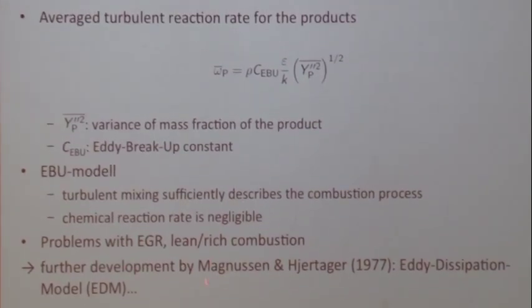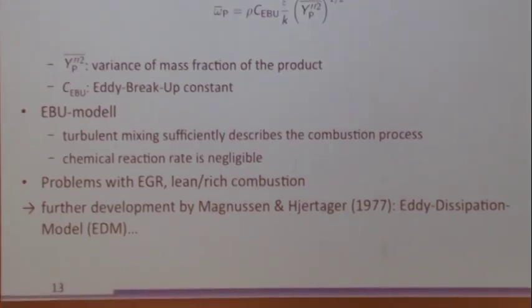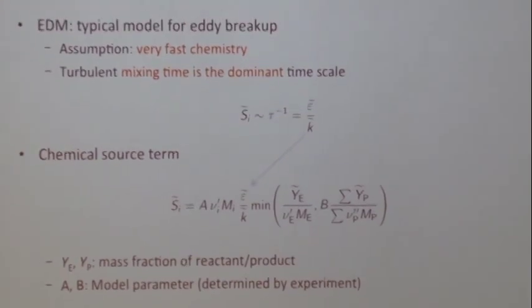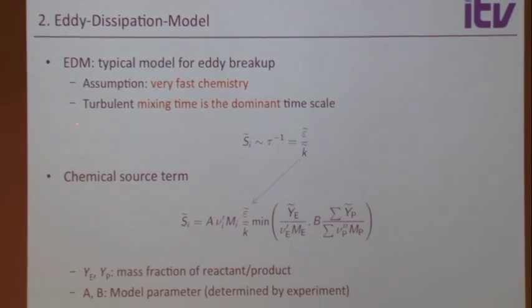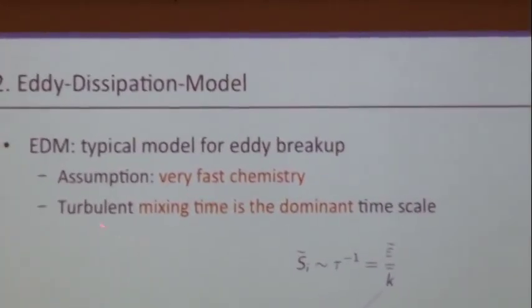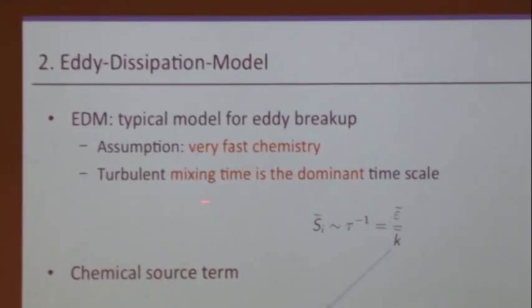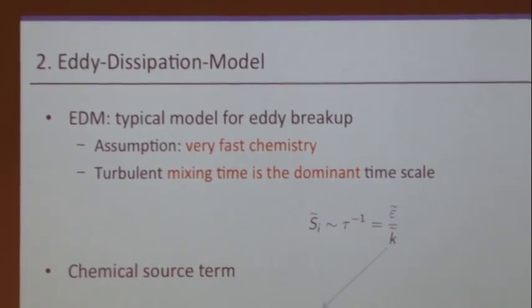So there's another model here by Magnussen. It's called the Magnussen model, or it's also called the eddy dissipation model, that tries to take care of this. It tries to formulate the same thing for diesel engine combustion. So if you formulate for diesel engines, you would say, okay, again, the assumption is that the combustion is very, very fast, and then you would say mixing is the dominant time scale, so again I have a turbulent time scale here in my reaction rate.